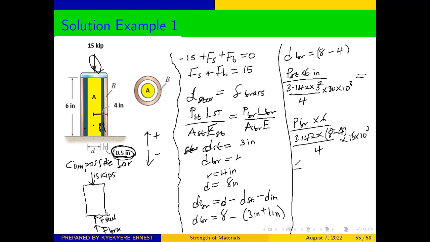And from there, we can just simplify this and simplify that. And what do we get when we do that simplification?